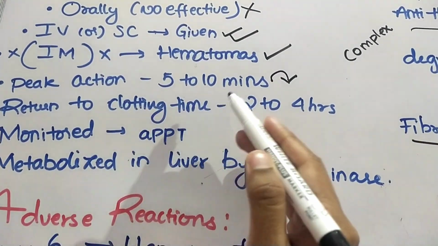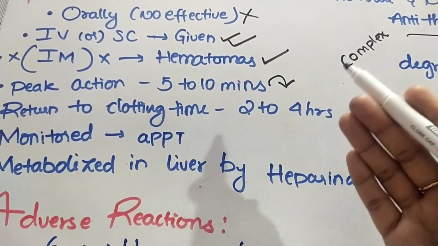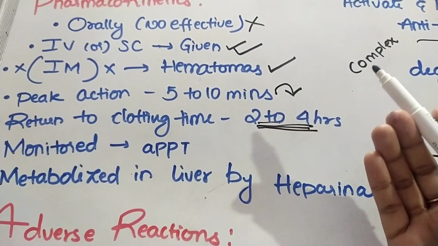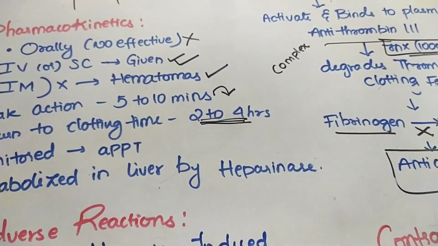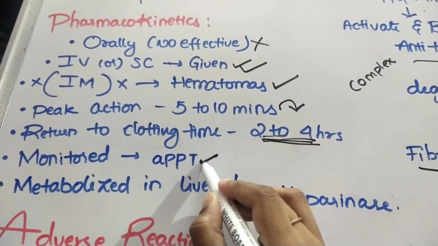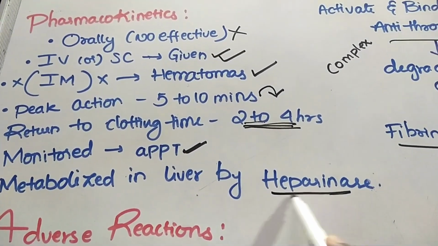The action of heparin lasts 2 to 4 hours, and the normal clotting time returns after 2 to 4 hours. Heparin action is monitored by APTT, activated partial thromboplastin time, and heparin is metabolized in the liver by heparinase.